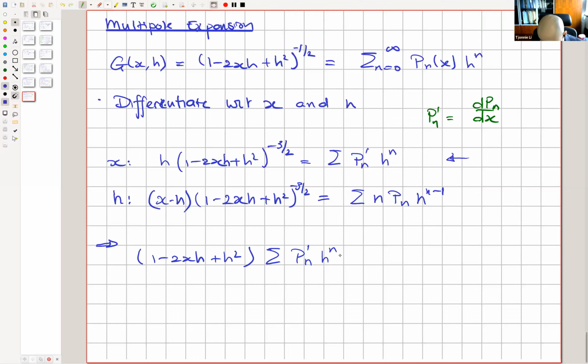Okay, so I'm starting off with this equation over here, but I'm going to multiply both sides with 1 minus 2xh plus h squared. And so on the right-hand side, what do I get? I get h times 1 minus 2xh plus h squared to the power minus a half.